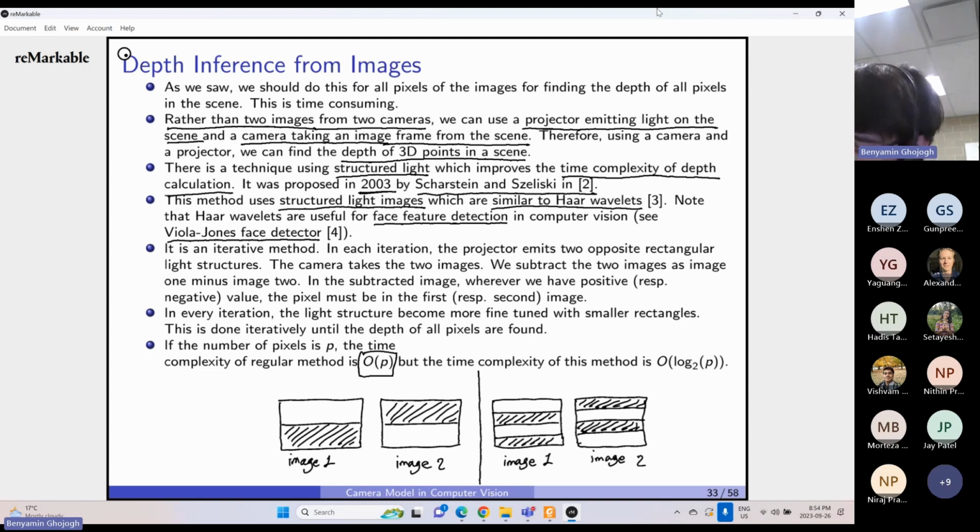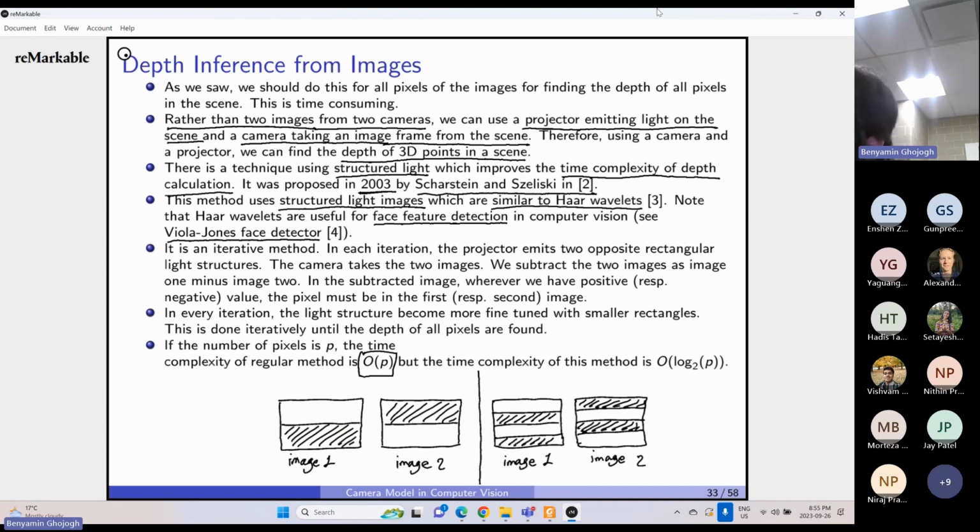It gives us these structured images like this. Once it projects light like this, the bottom part of the image is dark and the top part is bright. Another time, it does it the other way around. So we'll have two images, right? And as you see, it's like Haar wavelets.